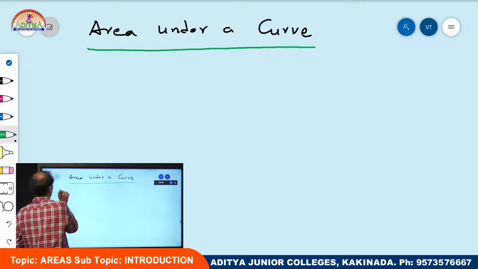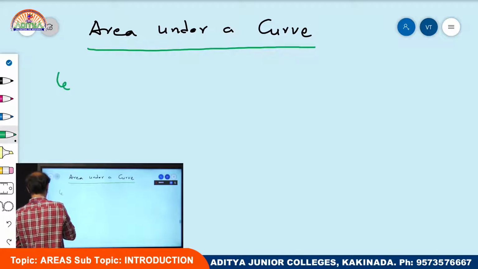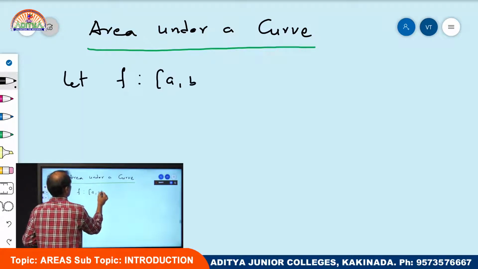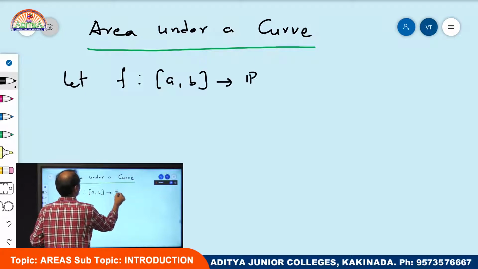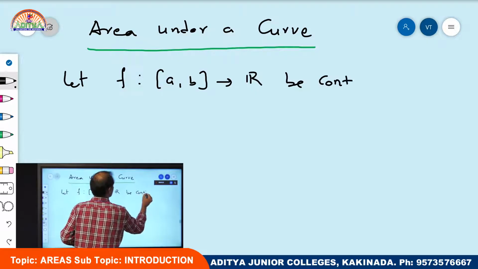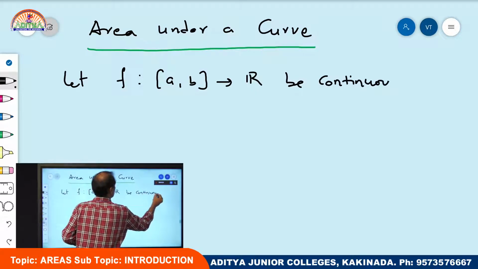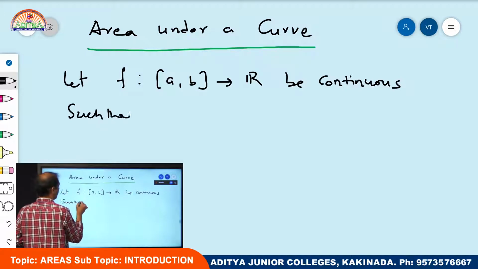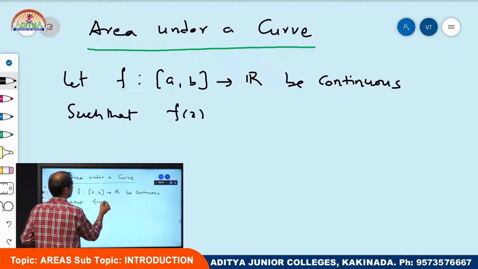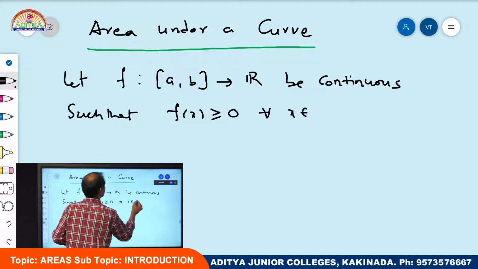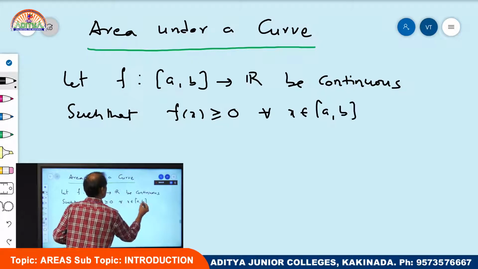Now, let f map closed interval [a, b] to R be continuous such that f of x is greater than or equal to 0 for all x belonging to [a, b].